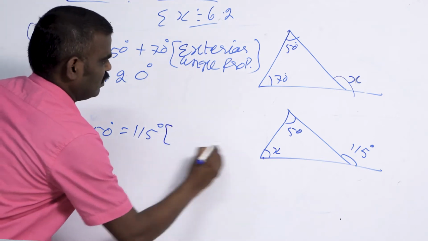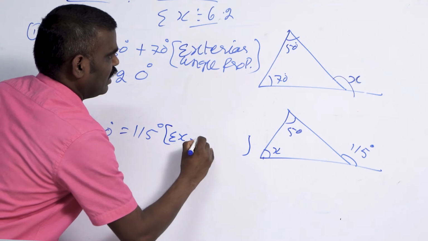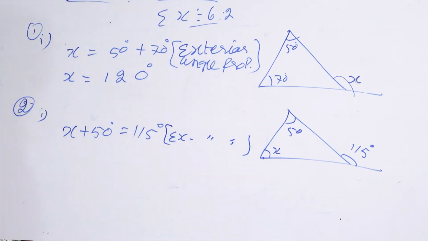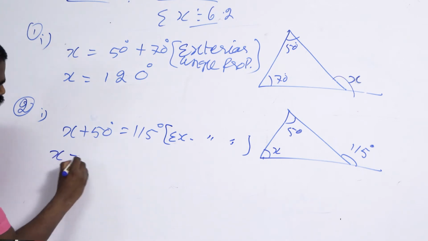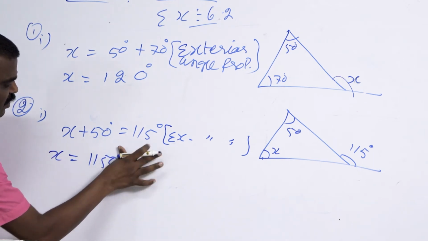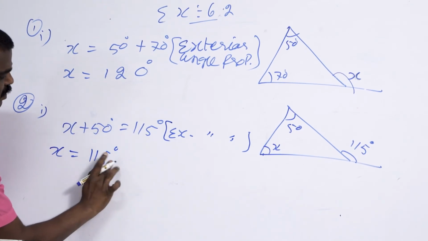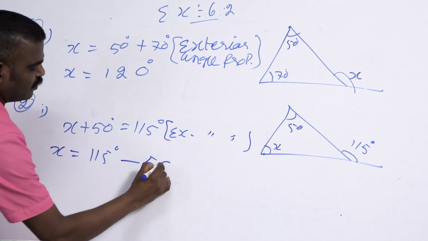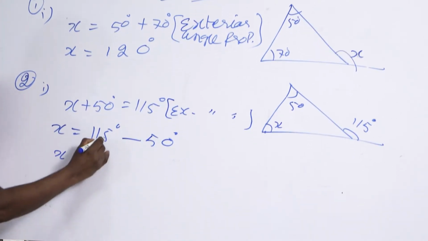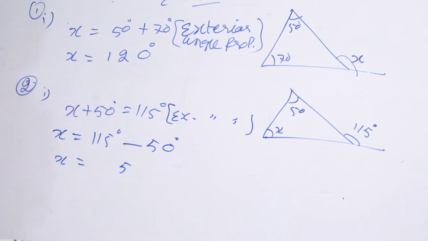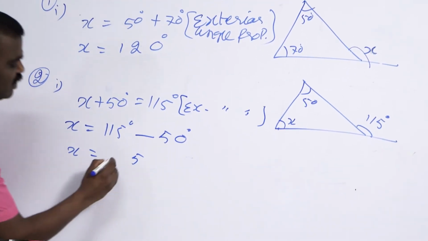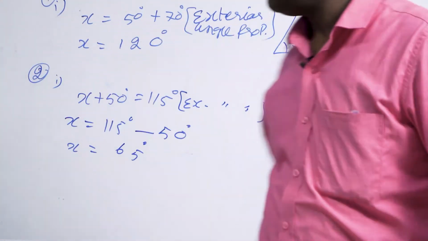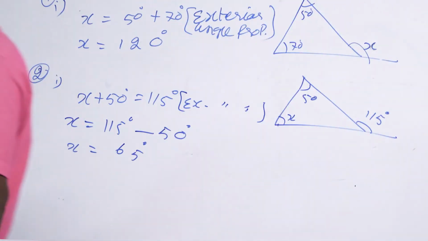What is the reason? Exterior angle property. Understood? So, x equals 115, sorry, this 50 when you take to the other side it will become minus 50. x equals 5 minus 0, 5, 1 minus 5 cannot go, borrowed 11, 11 minus 5 how much? 6. So x equals how many? 65 degree. Okay children? Okay, now let us go to the next property.